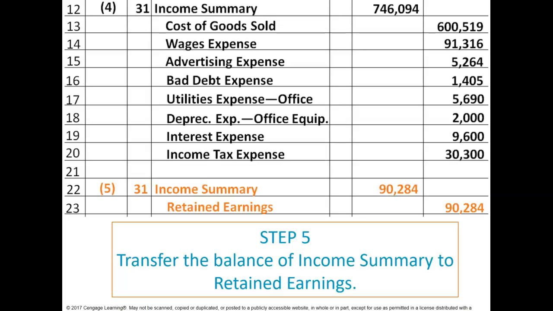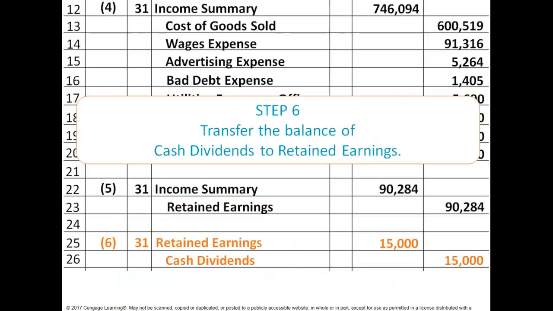And then we transfer the balance of the income summary into our retained earnings. So we will now eliminate our income summary account and increase our retained earnings. And then we transfer the balance of the cash dividends also into retained earnings, so that we will zero out our cash dividends and it will all get collapsed into retained earnings.